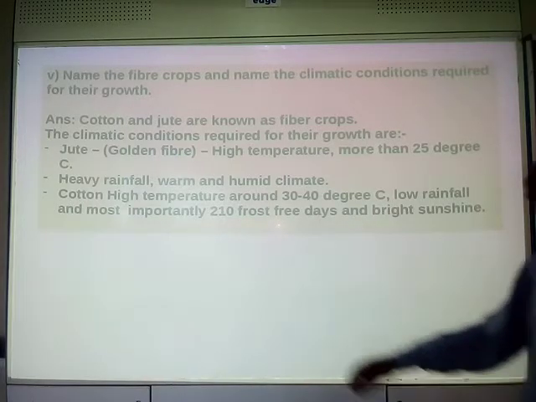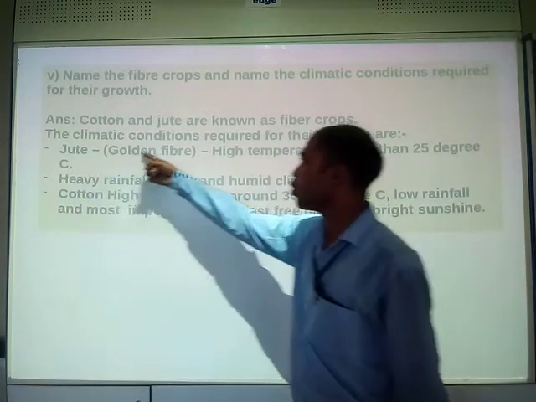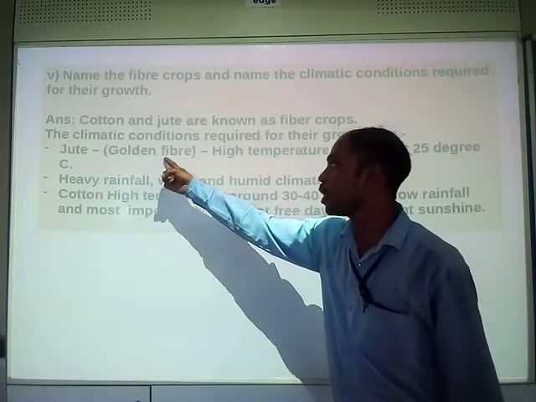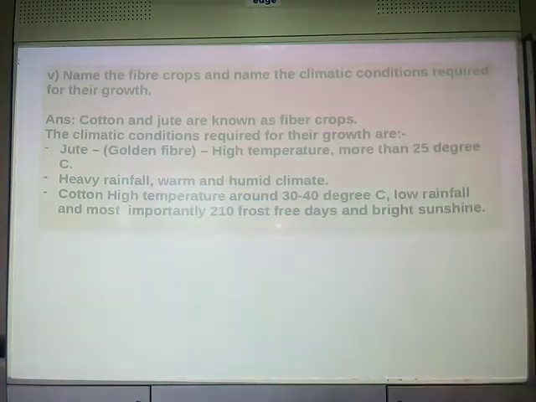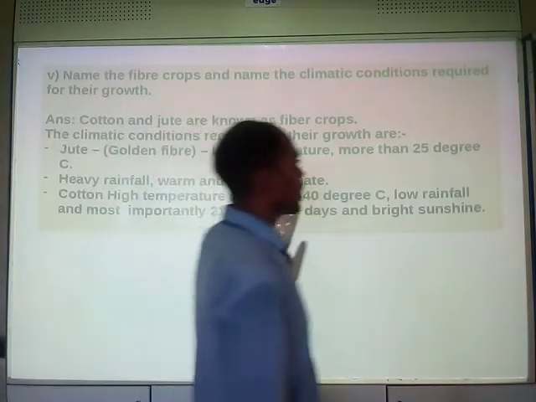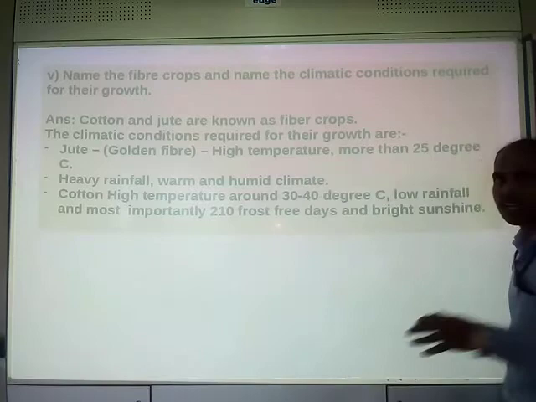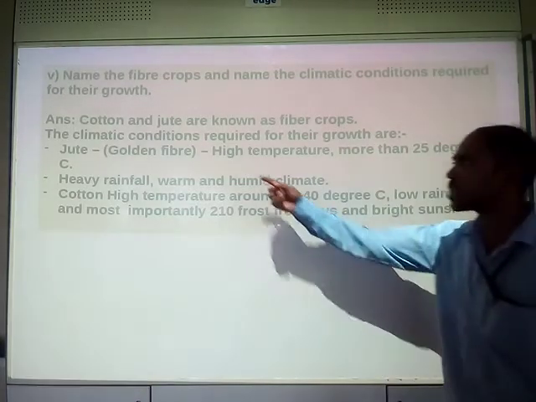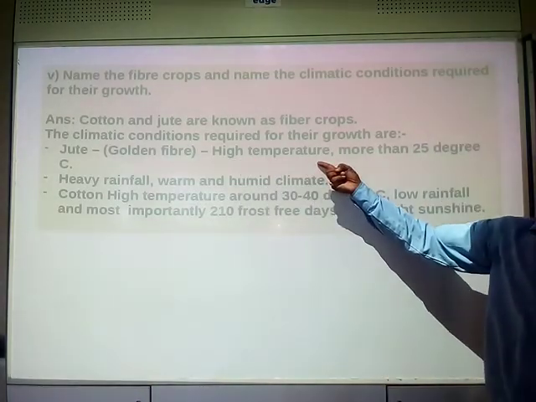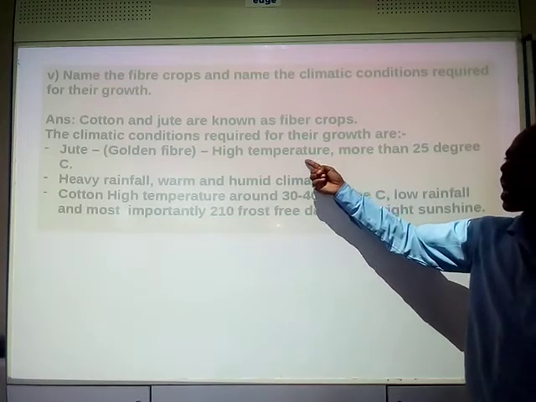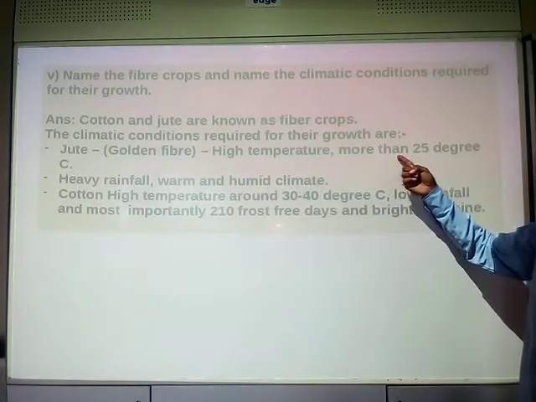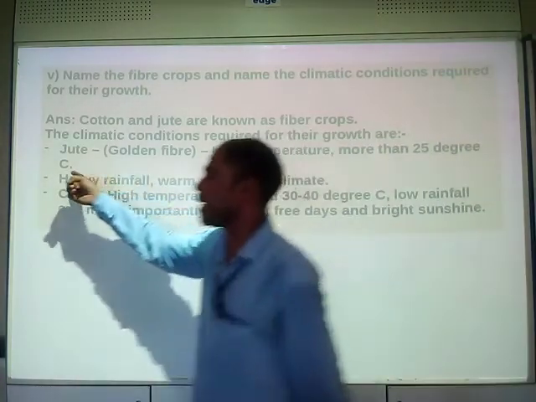For jute, mind you, which is also known as golden fiber. Underline it. Name the golden fiber. It is jute, which is known as golden fiber. What kind of climatic condition does it require? High temperature. First of all, it needs high temperature, more than 25 degrees centigrade.